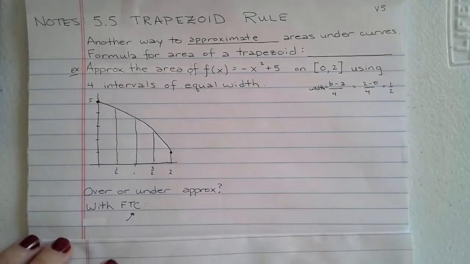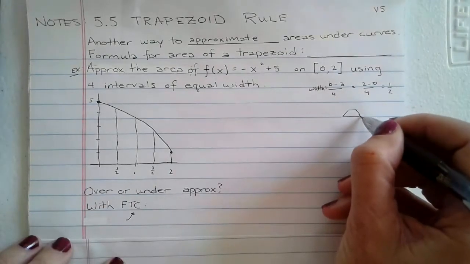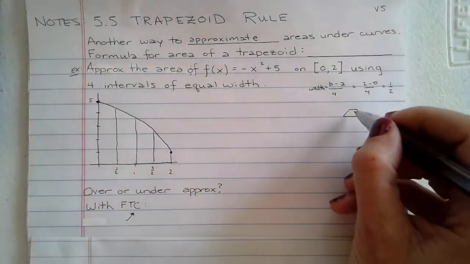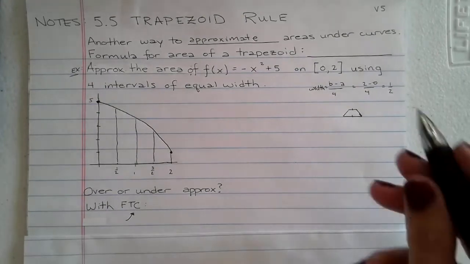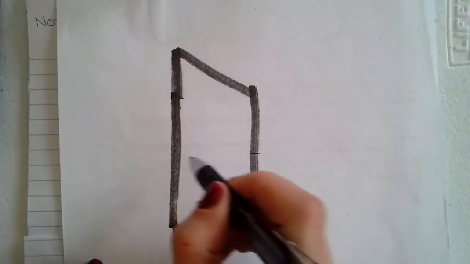So, the problem is our trapezoids don't look like this, which is unfortunately what most of you think all trapezoids look like. A trapezoid has 2 parallel sides, and that's it. So our trapezoids are going to look like this. They're going to have these 2 sides parallel.